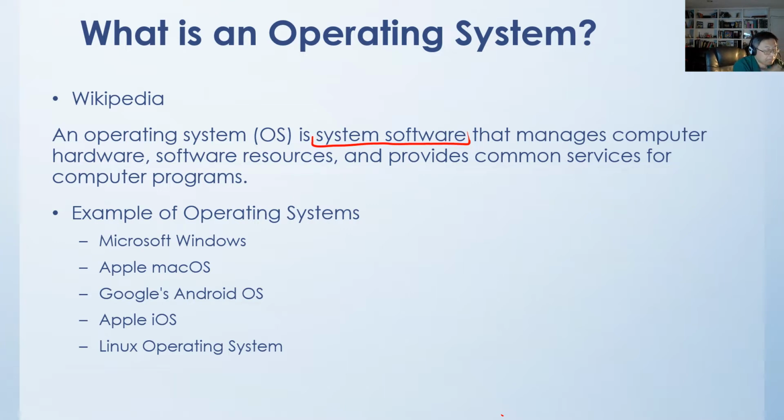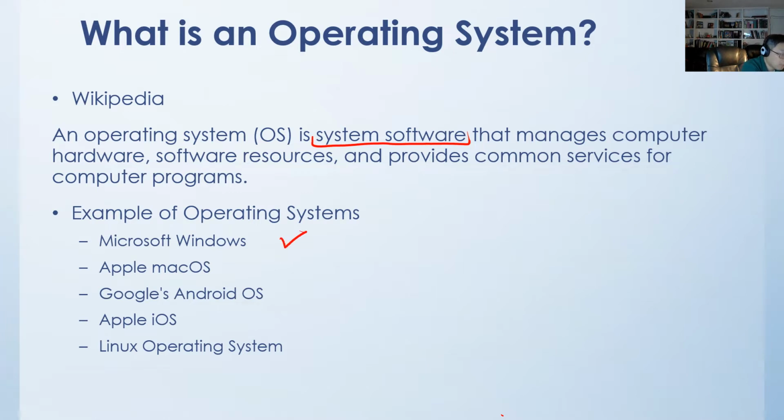And it's a general software that manages the computer system. So here are some of the examples of operating system. So the most popular one used at the home computer is the Microsoft Windows. That's one operating system.